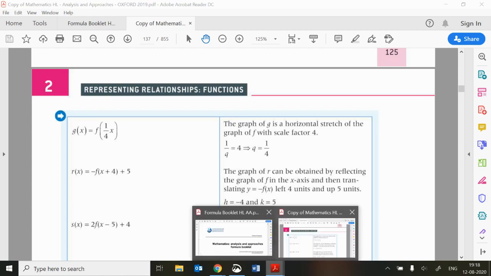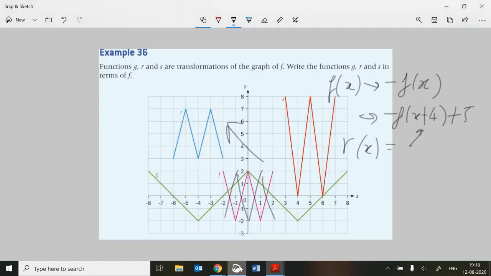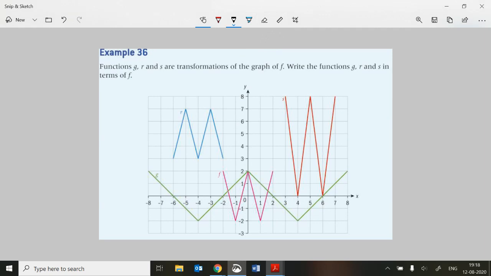Okay, so for the last one, s in terms of f, well, s looks like a stretch in the y direction. Okay, so stretch in the y direction in this case, and then we can move the thing as well.